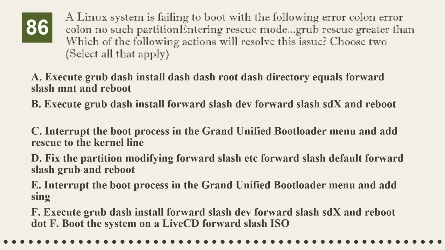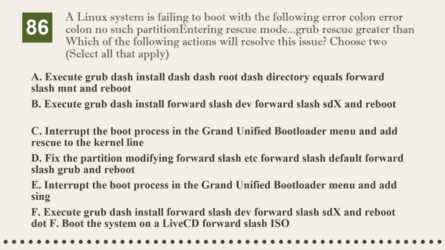Question 86. A Linux system is failing to boot with the following error: no such partition, entering rescue mode, grub rescue>. Which of the following actions will resolve this issue? Choose 2. Option A, execute grub-install --root-directory=/mnt and reboot.